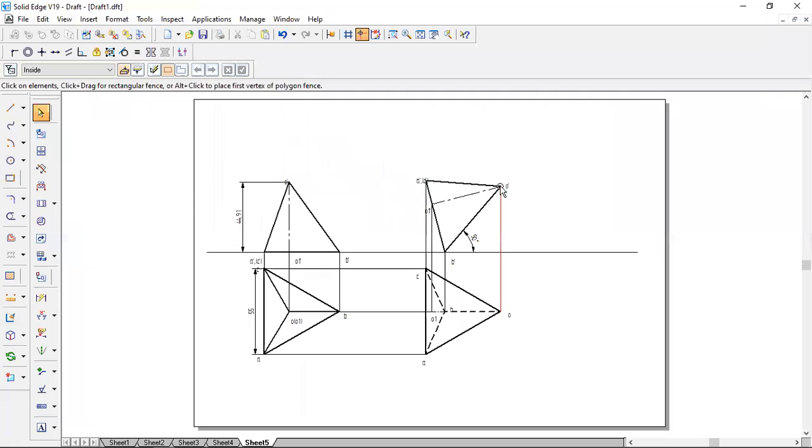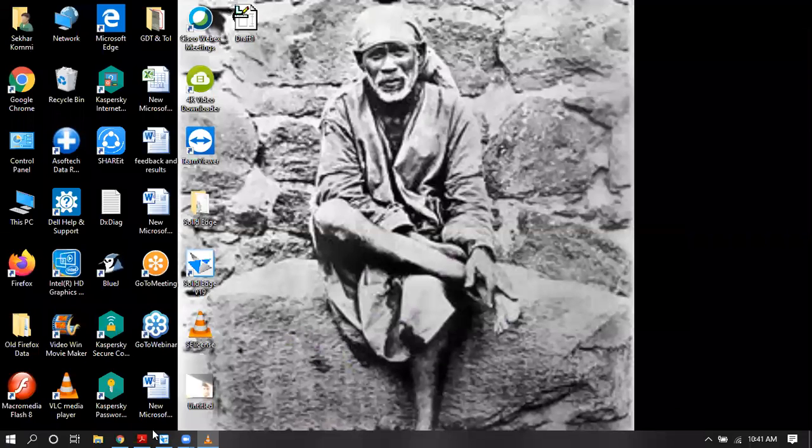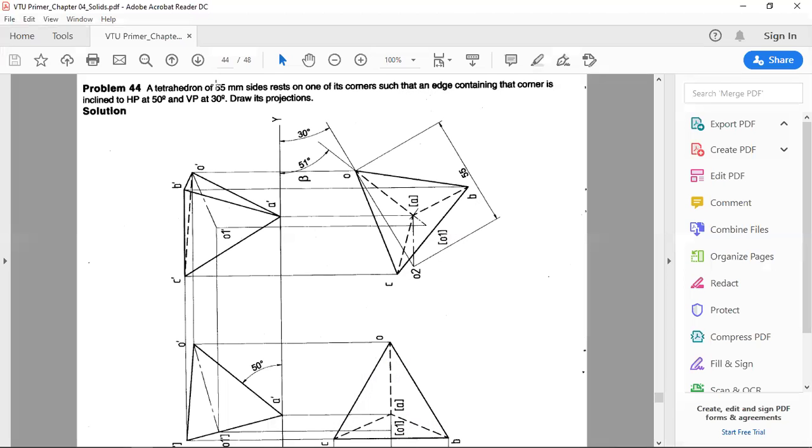When you look at this OB length, the actual OB length is 55 mm, but here this is the apparent length of the OB edge. So he has given the true inclination, that the edge is inclined to VP at 30 degrees.